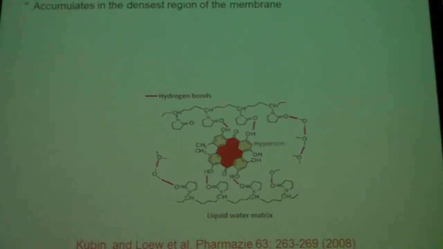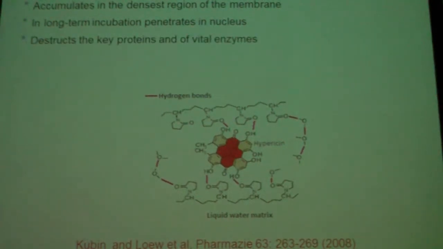What exactly does PVP hypericin do? The first property is that it accumulates in the densest region of the membrane. The second property is that with long-term incubation, it can also penetrate into the nucleus.